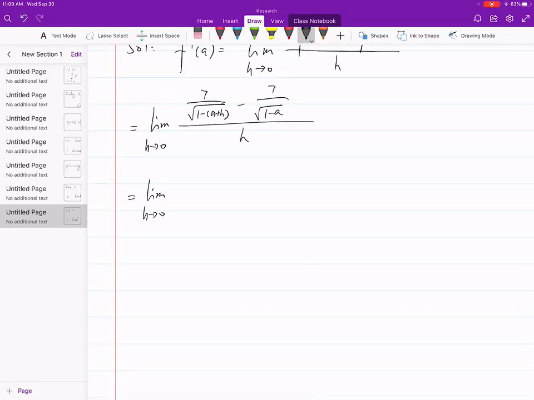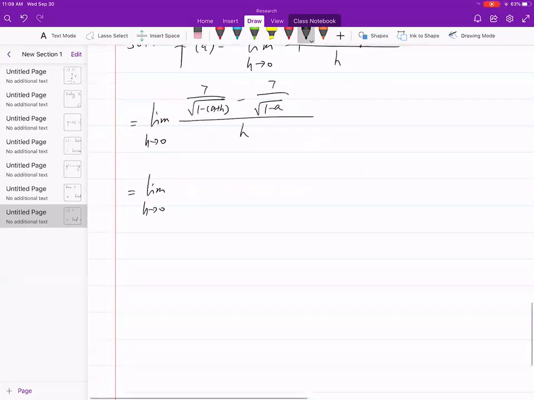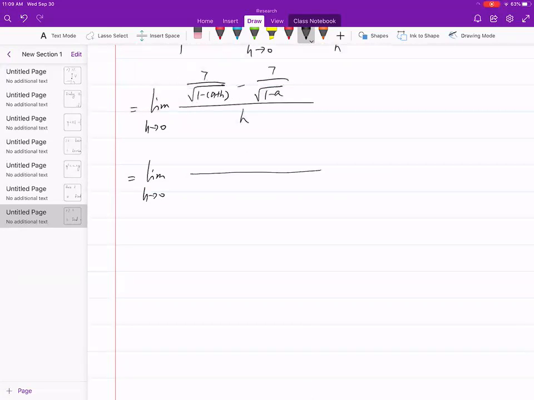It's time to test your skill. Number 1, fractions, common denominator. Simplify even more. This is 1 minus a minus h, 1 minus a. Both have a 7, so I factor the 7 out.